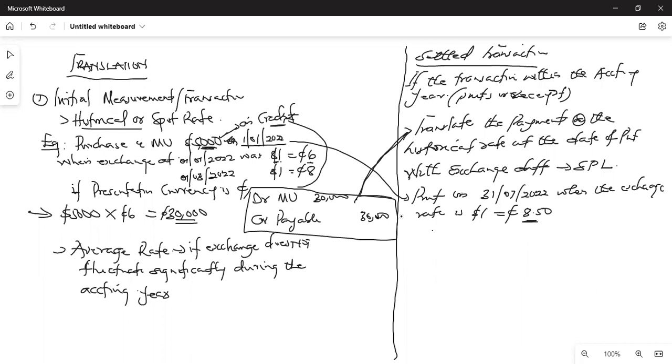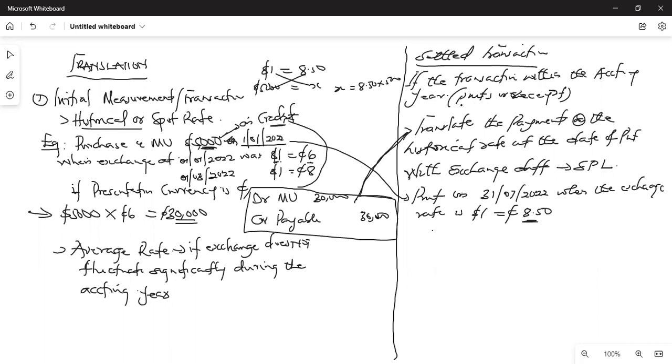So if you don't want to get confused around this, you can just do $1 is equal to 8.50. How much will 5,000 be? You don't know, and therefore you do cross multiplication. You have x is equal to 8.50 times 5,000. All right, so that is how you do it.